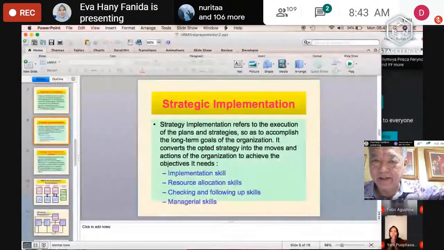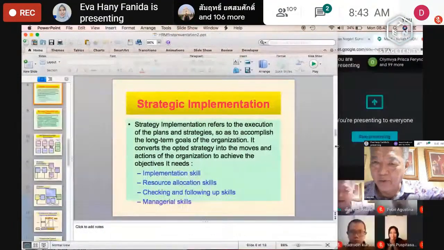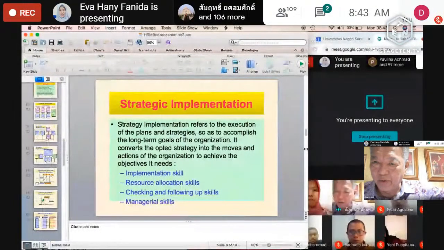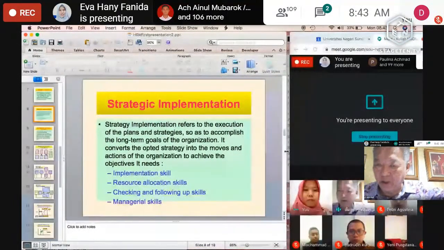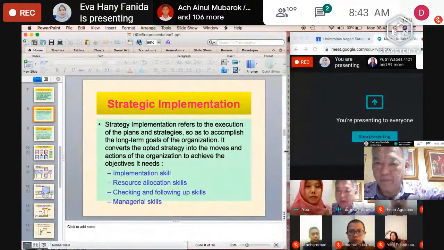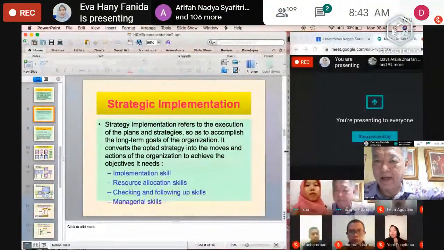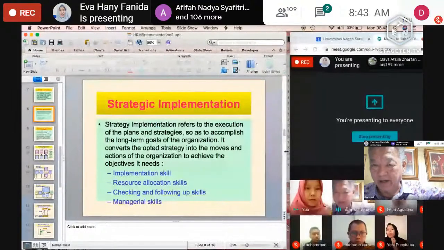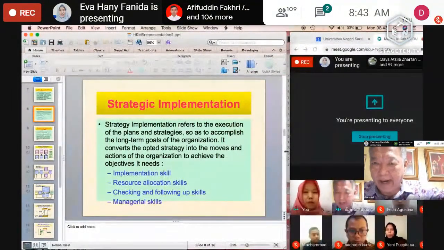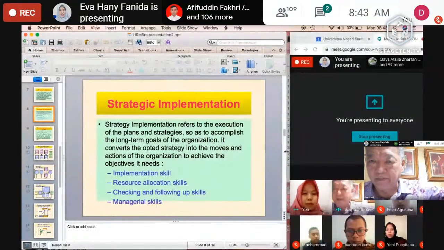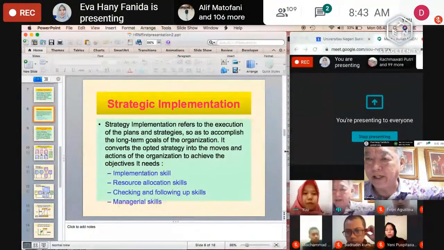And the third one is check and follow up skill. It means that you need to be careful of what you have allocated. You have to follow up whether they have already done what they planned and informed us or not. And the last one is managerial skill.